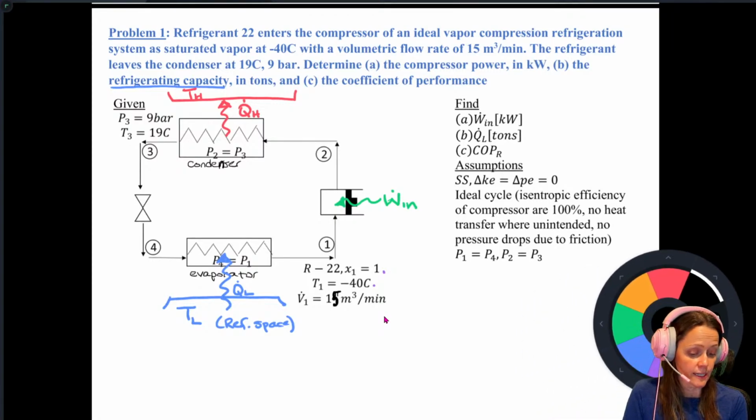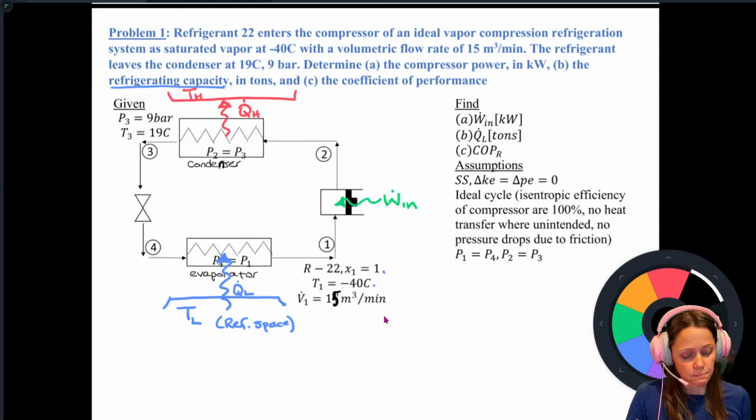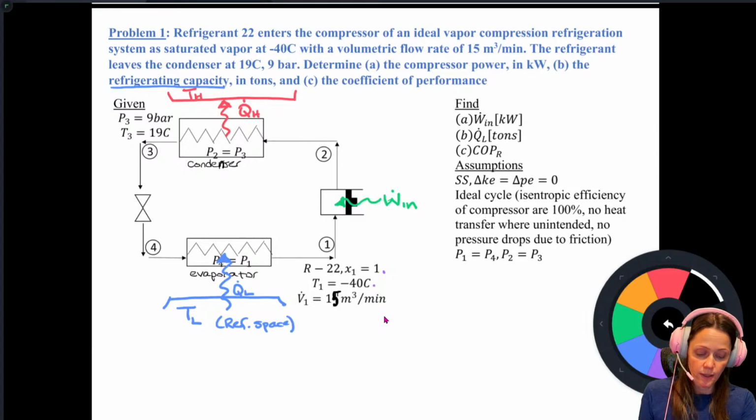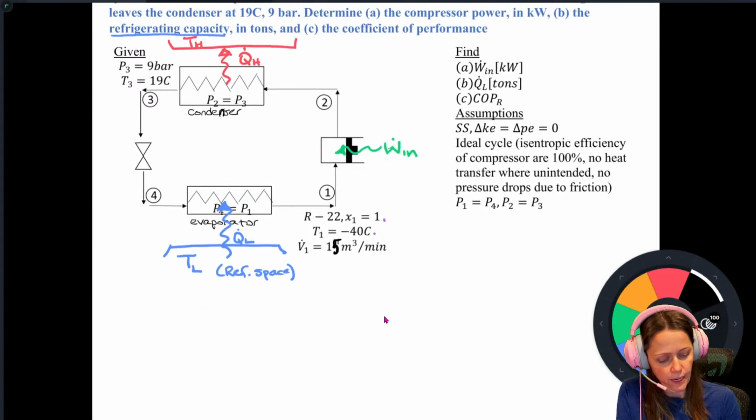So we're going to say it's an ideal cycle. We're not given any indication that that compression process is anything but isentropic. No heat transfer where unintended, no pressure drops where we don't want them to occur. So across that heat exchanger from 2 to 3 and 4 to 1, we don't have a pressure drop. Perfect.